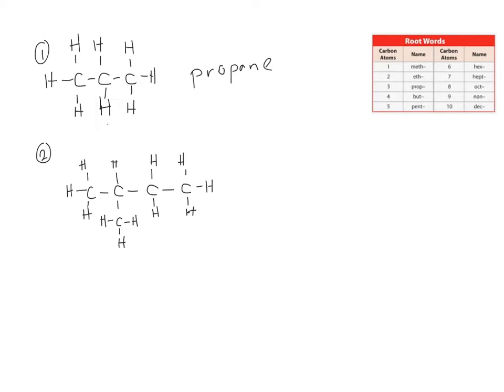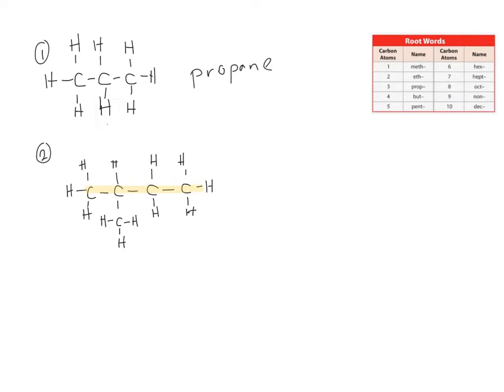All right, here we have a little more complicated one. It's a great idea to use a highlighter on your structures to find the longest carbon chain. If we go from left to right, there are 4 carbons in a straight chain.